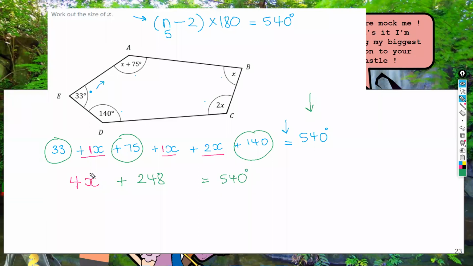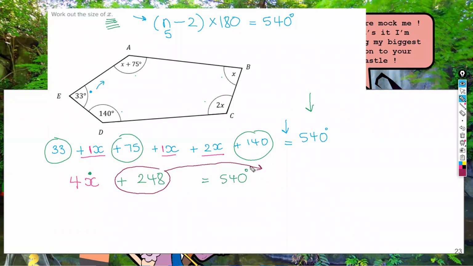So let's solve for X, because the question is asking us to solve for X, which means we have to get X on one side and everyone else on the other side. So we're going to take the positive 248. When you throw something across, you're supposed to get the opposite.